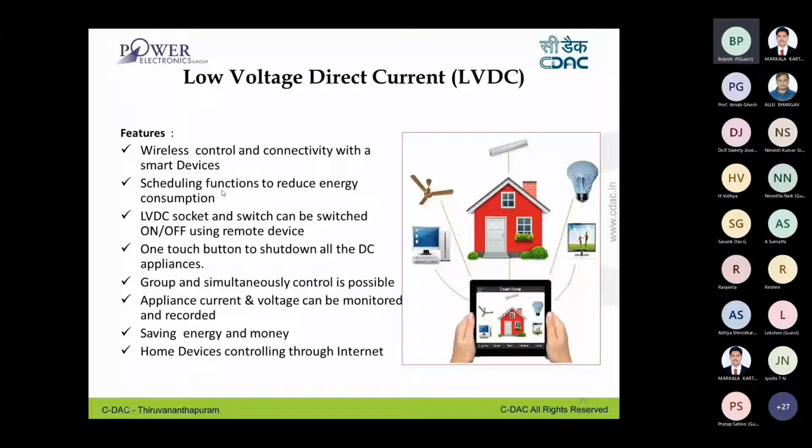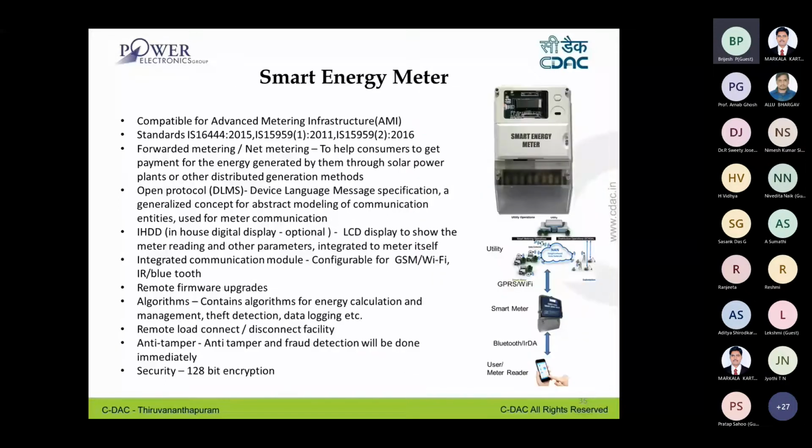Then another important thing we used in the deployment is smart energy meters. These are smart energy meters developed in our CDAC. We have transferred the technology for the smart energy meter to different TOT partners, about 7 TOT partners.